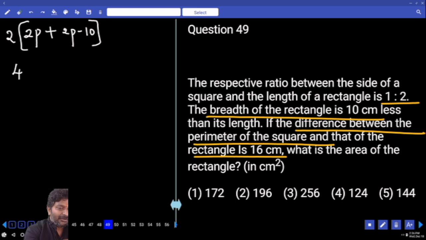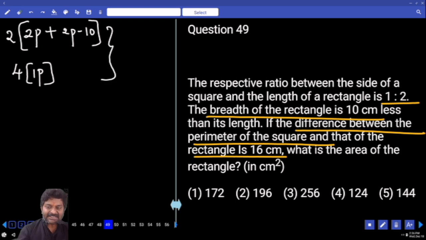Perimeter of the square is 4 times the side, which is 1 part. Their difference is equal to 16, correct? Rectangle perimeter is 4 parts minus 10 into 2, which is 8 parts minus 20, and the square is 4 parts.